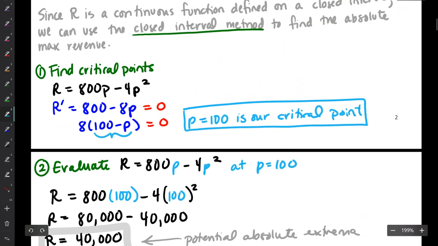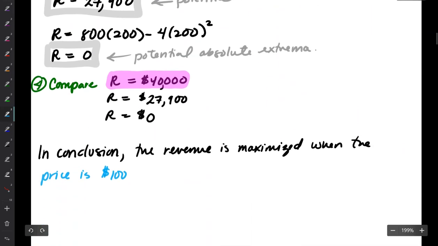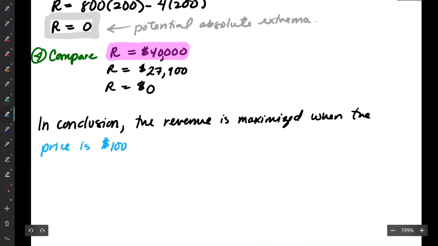That was that critical point. Seems kind of expensive. I don't know, I haven't rented a car. When the price is $100, the absolute revenue is 40,000.